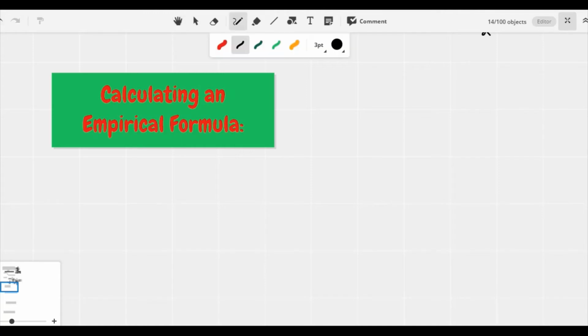As we discussed earlier, for calculation of the empirical formula we need the percentage composition by mass of the substance.